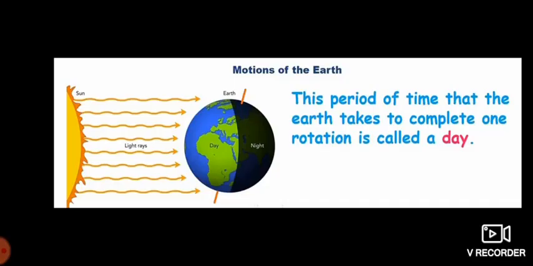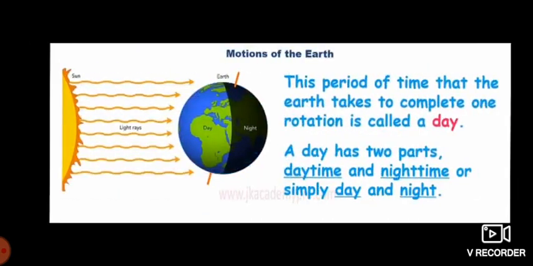So this period of time that the earth takes to complete one rotation is called a day. Yes, meaning one complete rotation. When the earth completes it, that means the earth has completed one day. Okay, a day has two parts, daytime and night time, or you can simply say, children, day and night. You can see in the picture on the screen the blue and green colored earth.